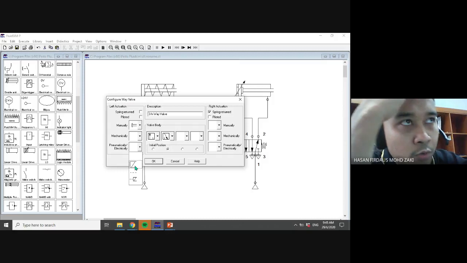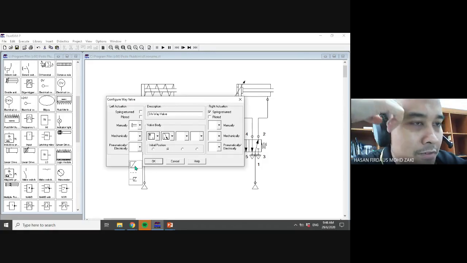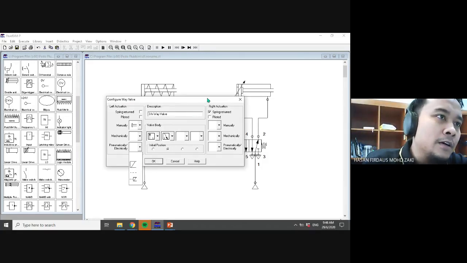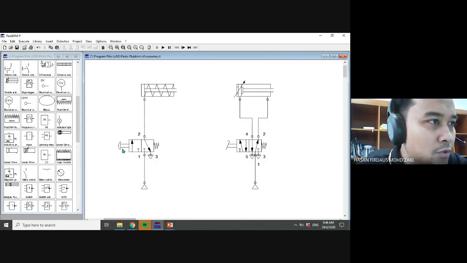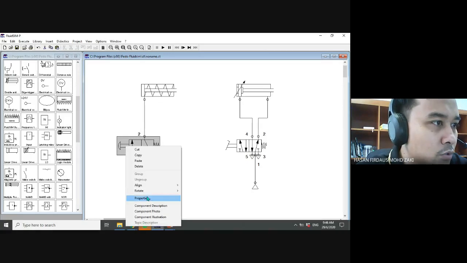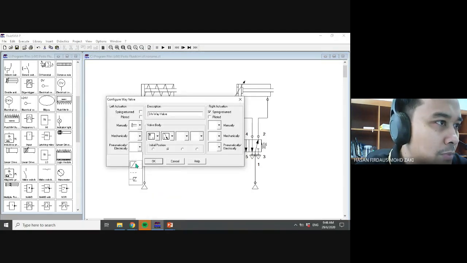That is where we connect from pneumatics to our PLC. So instead of purely controlling our pneumatics using the pneumatic system, we can also control the pneumatics using a PLC. So you can also change this to, for example, solenoid.